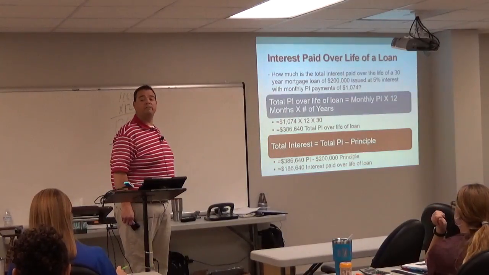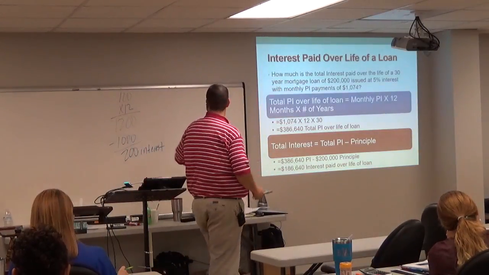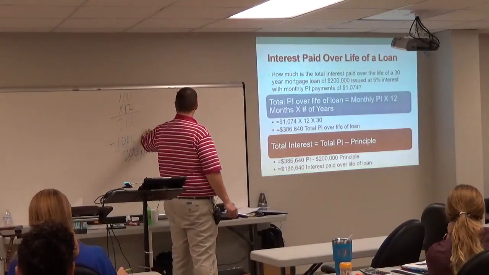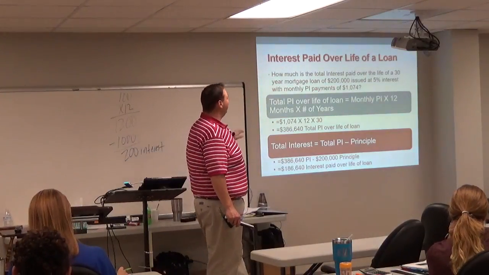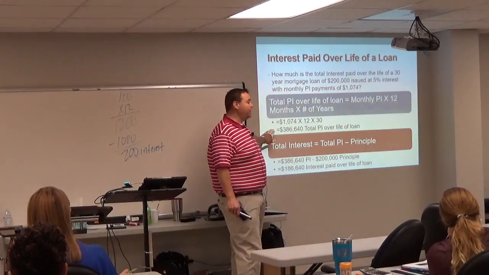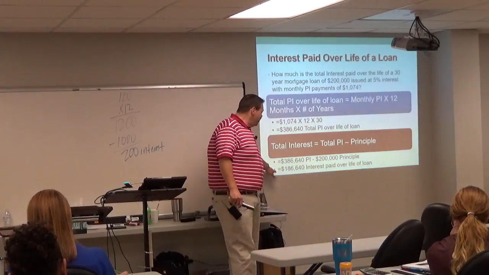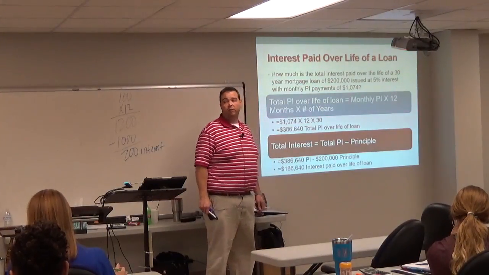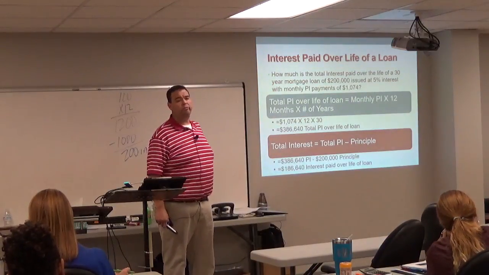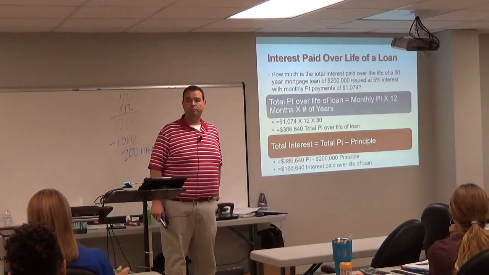Just subtract the $200,000 that was borrowed, the same way our simple example was. Take the total of all the payments and subtract the amount that was borrowed. The total of all the payments is $386,640, and the amount borrowed is $200,000. So the difference is the interest paid over the life of that loan. It'd be $186,640 in interest paid over the life of that loan.